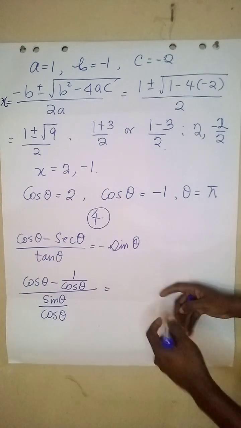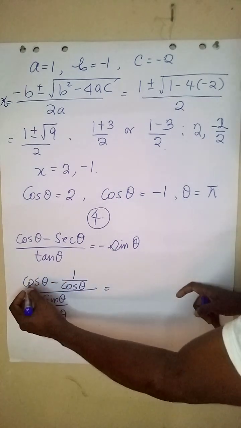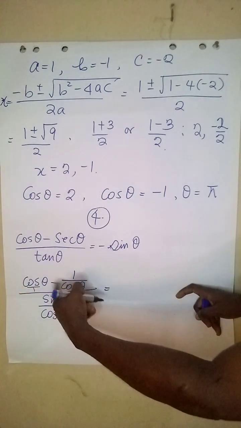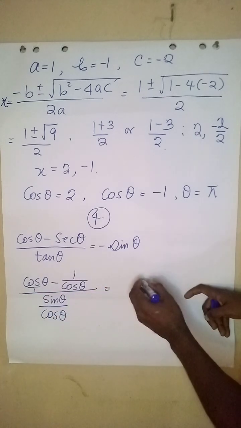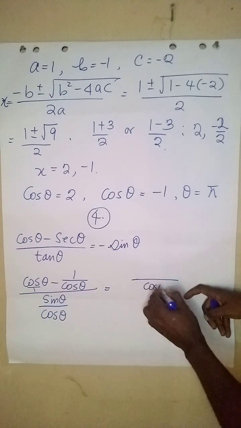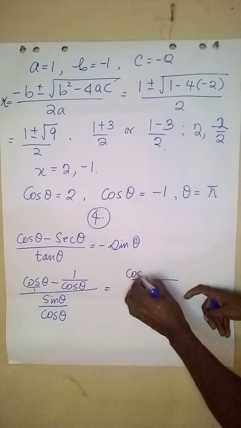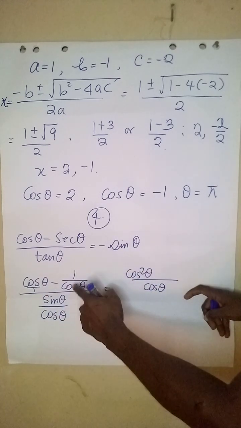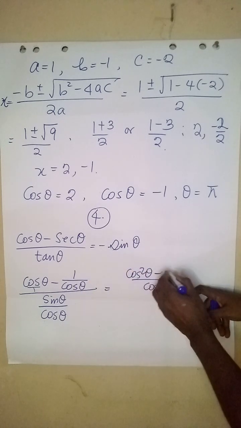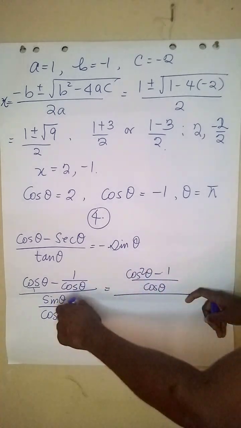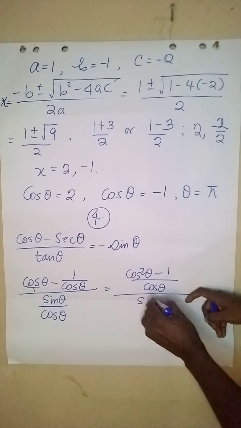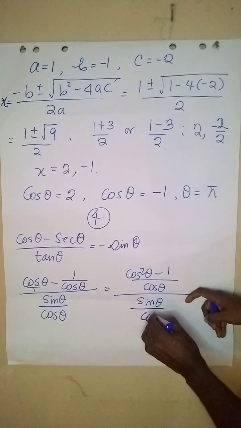We can look at that algebraically, for which this is like saying over 1. So we can take the LCM of that. So we have the LCM to be cos theta. Cos theta times cos theta is going to give us cos square theta, and this will cancel this. So we have this just to be 1, divided by sine theta over cos theta.